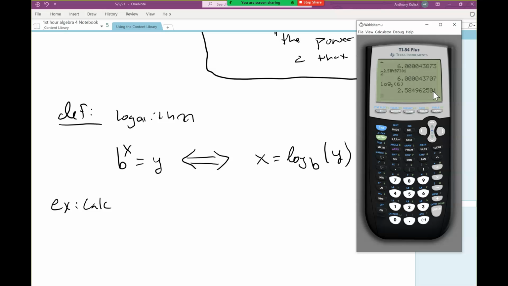Okay with that idea so far? So these logarithms are just the name that we give to a certain exponent, right?